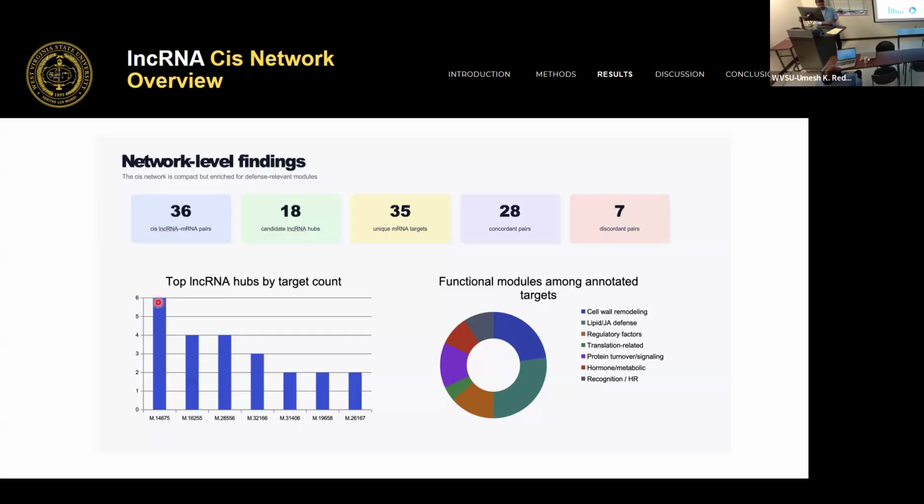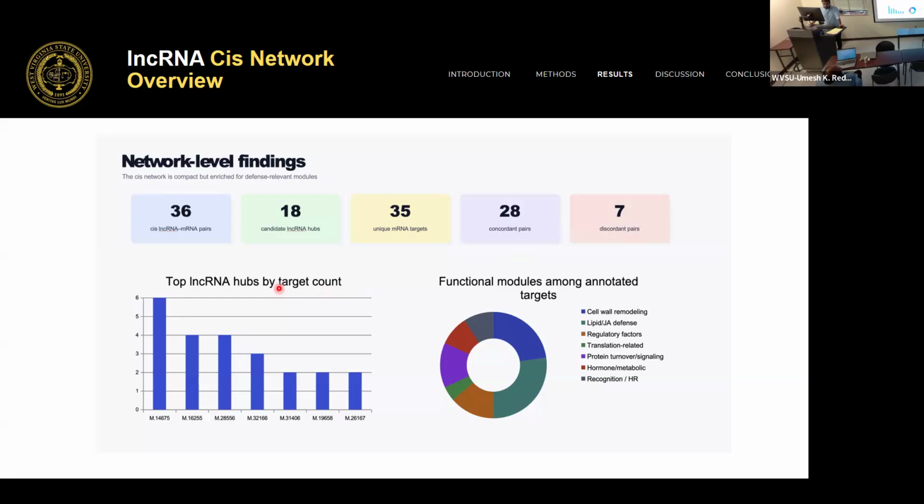Basically, this means that if the LNC increases, the associated gene also increases. They both go in the same direction. And 7 are discordant, the opposite of this.